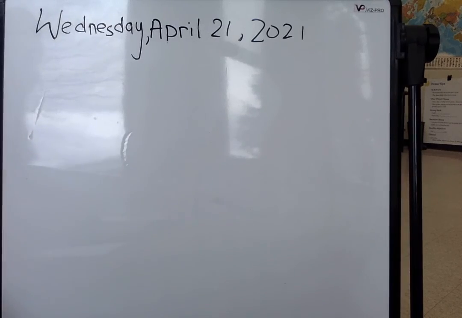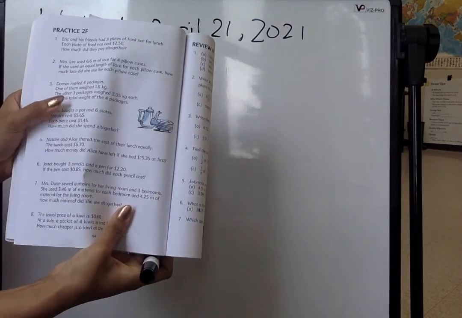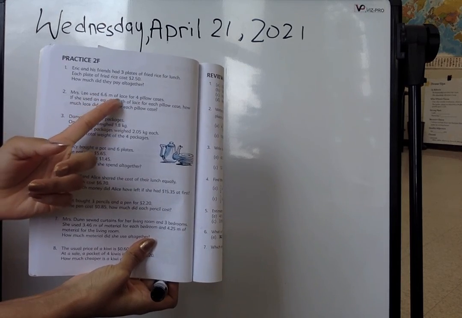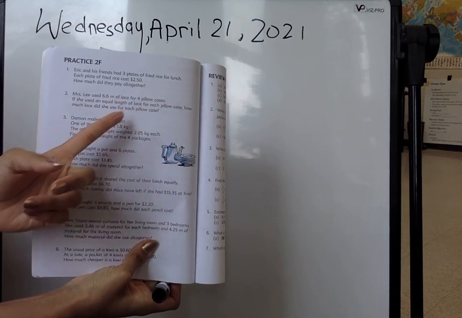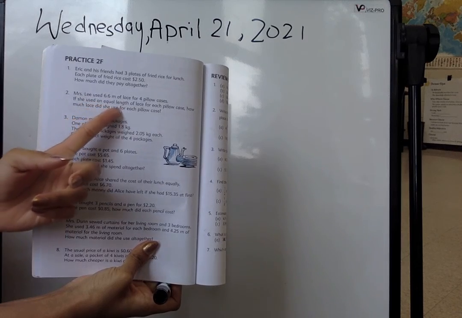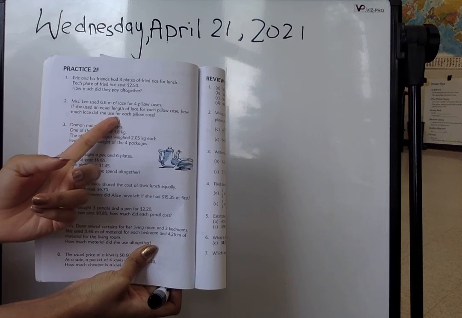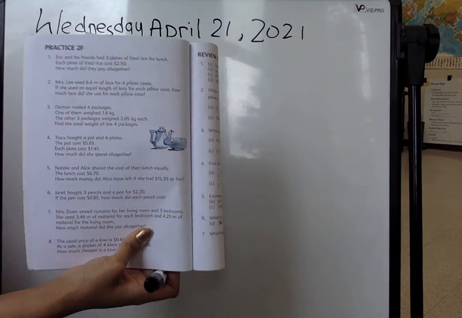Okay, question 2 says, Mrs. Lee used 6.6 meters of lace for 4 pillowcases. If she used an equal length of lace for each pillowcase, how much lace did she use for each pillowcase?